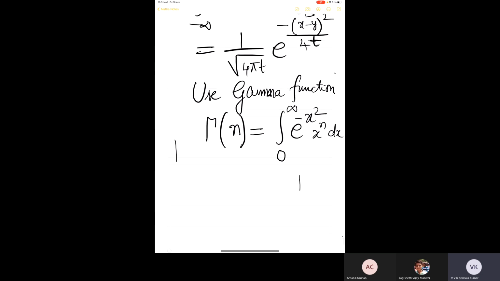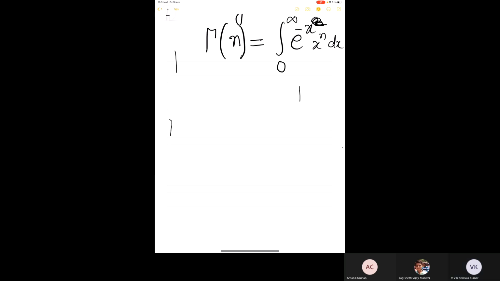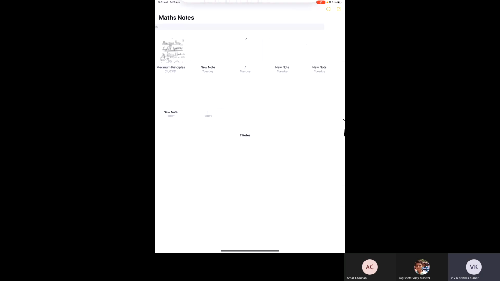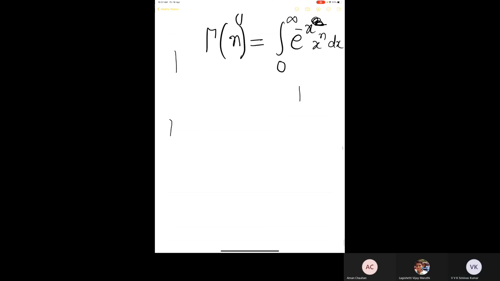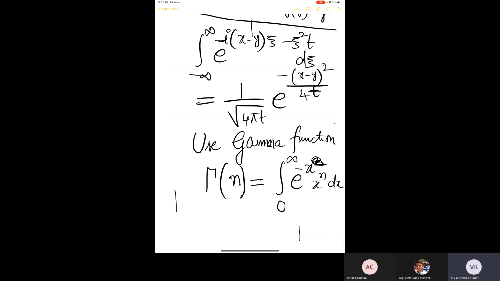We have to do a change of variable here, and write this in terms of a perfect square of something, and this will come out. So try to solve this, try to prove that this integral is equal to this.